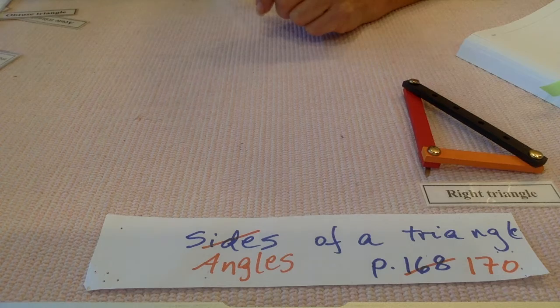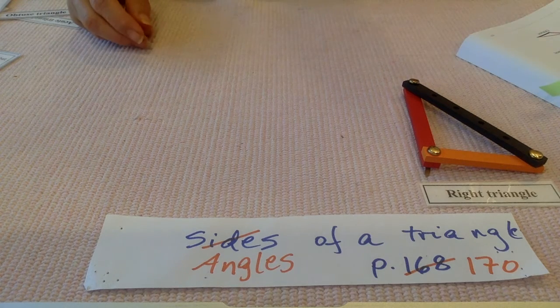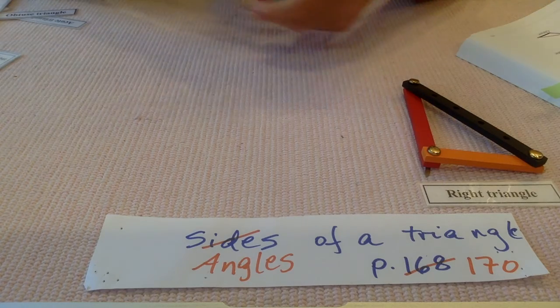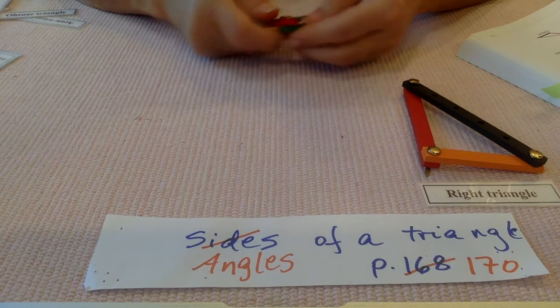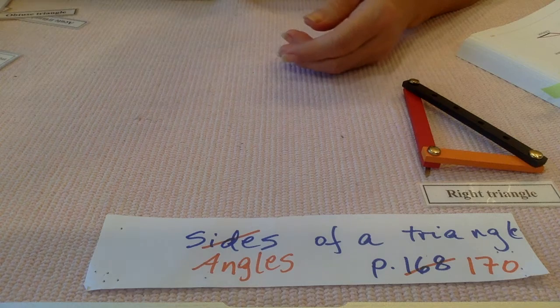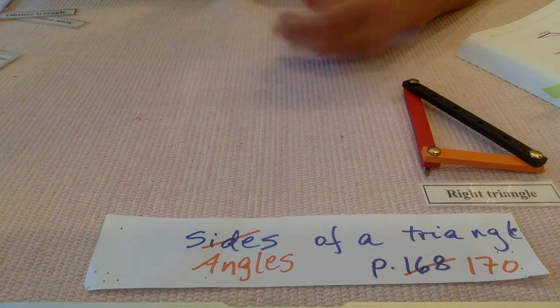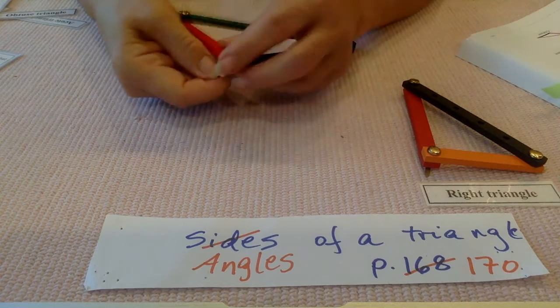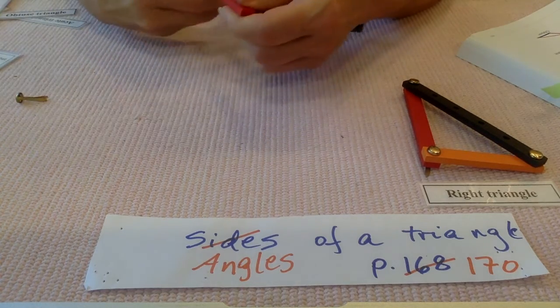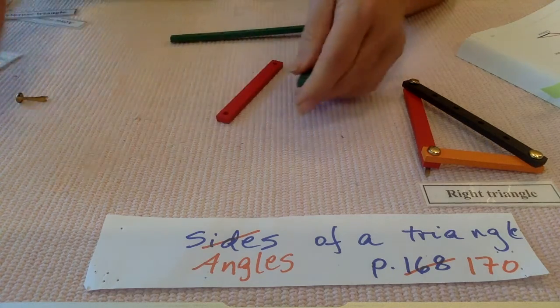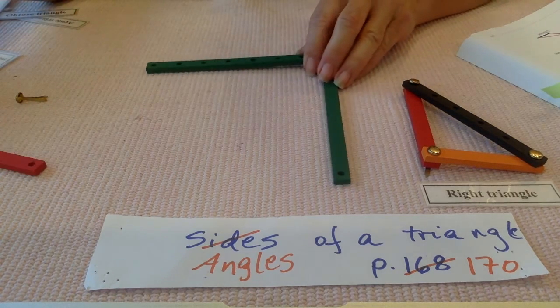And next we are going to grab two green sticks, and that's not the one I want. All right, I'm just going to use this one for a minute. I have two green sticks, and I'm going to start by making these a right angle.